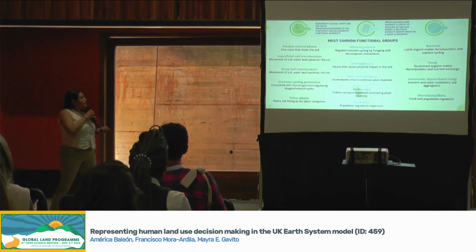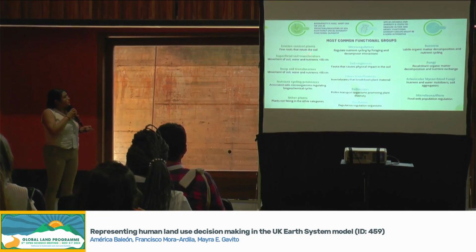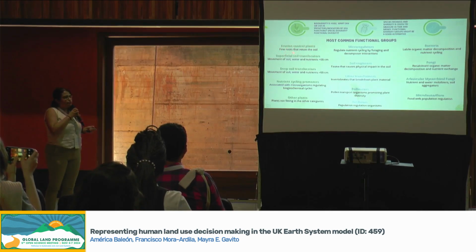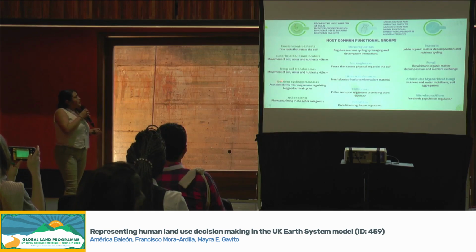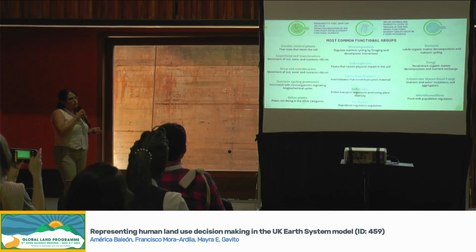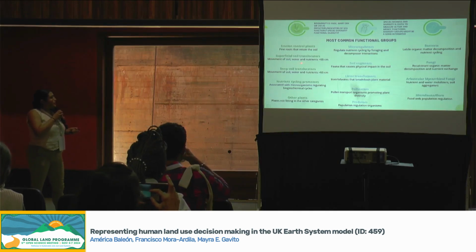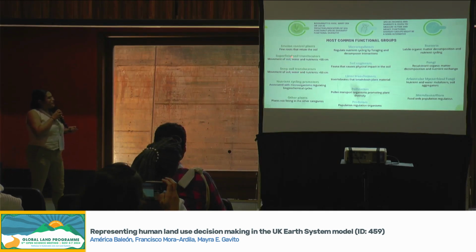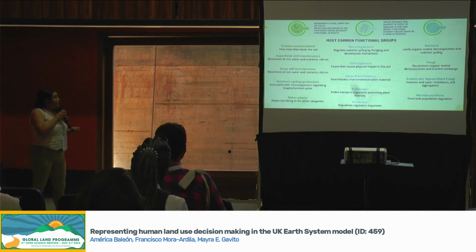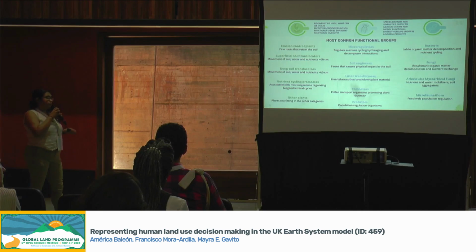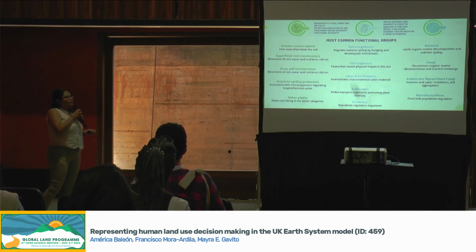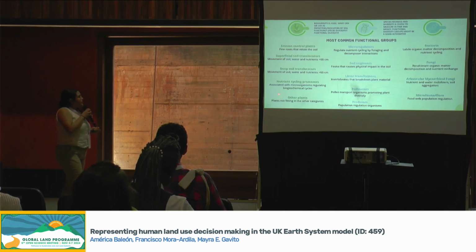So we characterize these functional groups, like for example erosion control plants that have fine roots that can retain soil, plants that can translocate nutrients and water to the soil profile, that can be classified as the incidence area, like superficial or deep, plants that promote nutrient cycling, that are associated with microorganisms that can regulate biochemical cycles.